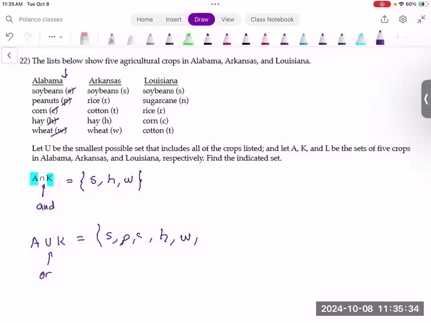However, you don't double take it, right? You take it only once. So the S is already there, don't take it. The rice is not there, you add it. The corn is not there, you add it. It's T, right? The hay is there, you don't add it, and the wheat is there, you don't add it. So do you understand the difference between the union and intersection, right? We good?